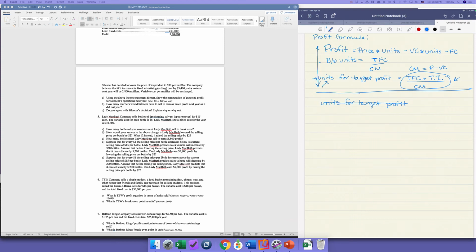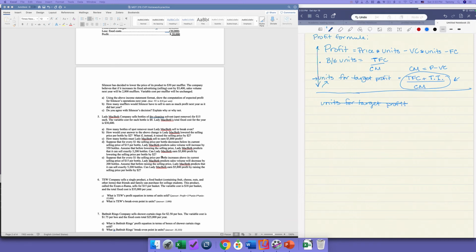And if we could sell 5,200 bottles before at $15 a bottle, can we earn $5,800 in profit by lowering the selling price? Okay, so the question is, how are we going to do this?